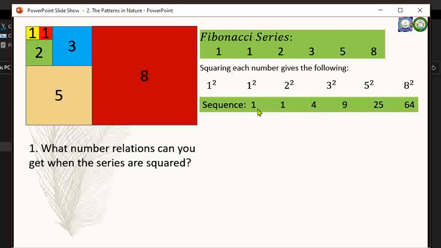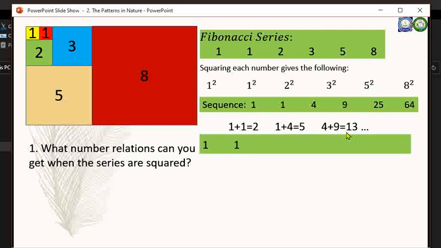Notice, if we add 1 and 1, and 1 and 4, 4 and 9, 9 and 25, and so on, our answers are the following: 2, 5, 13. And these numbers are still found in the original Fibonacci series. So that's one of the amazing things that we can actually derive when we use the Fibonacci series.